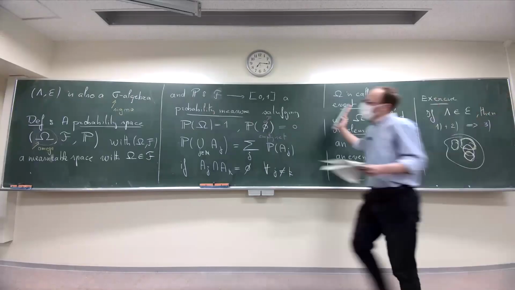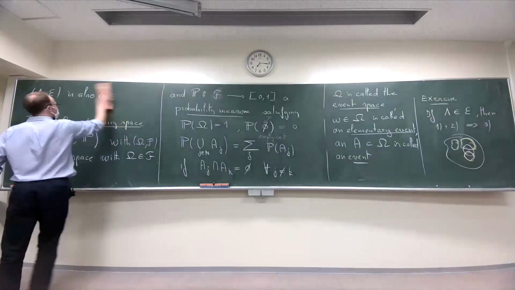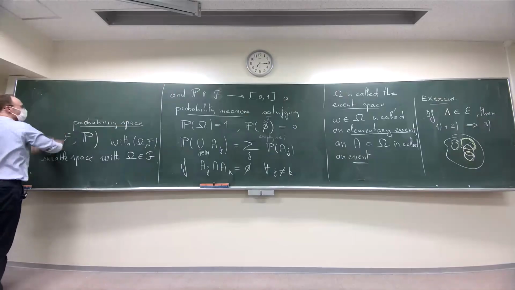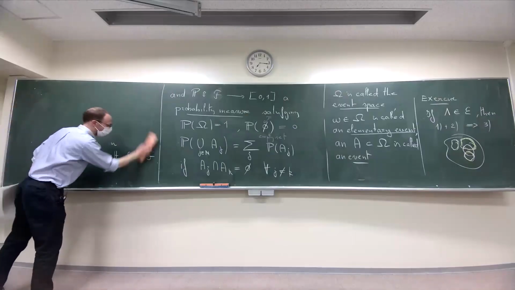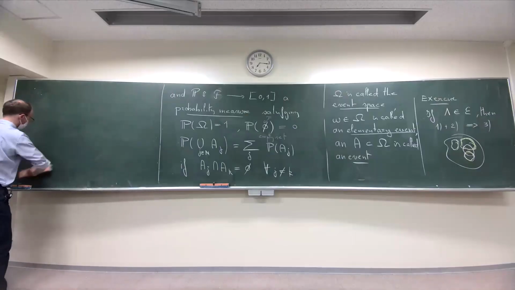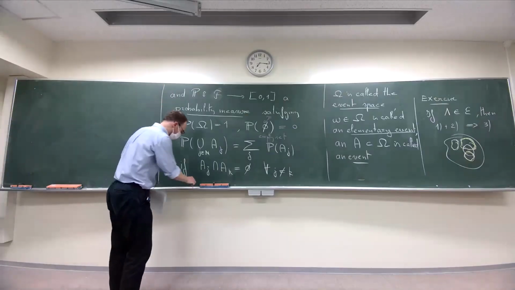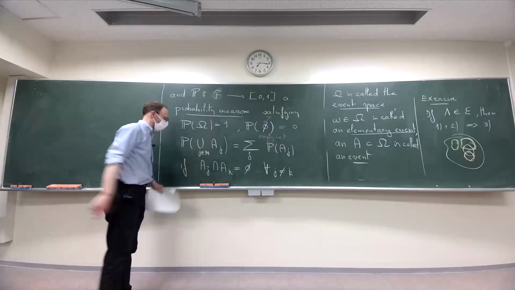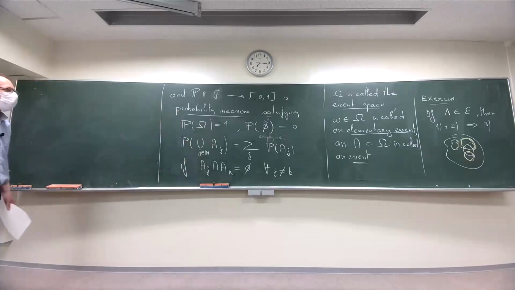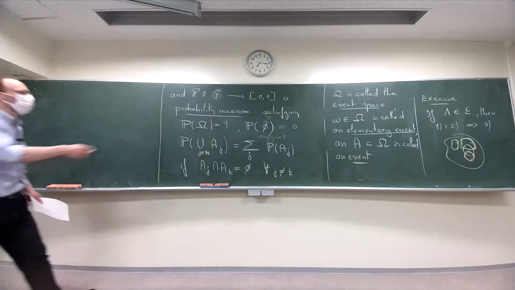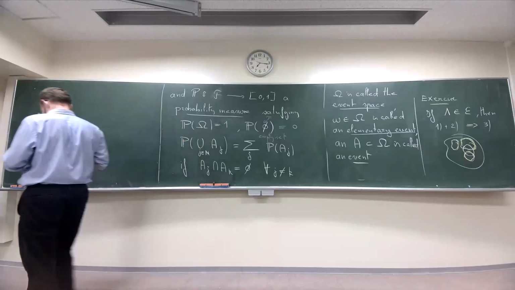And it's not exactly the same. I haven't introduced measurable space last time, and the difference is going to appear right now. So as I said, omega is usually not accessible, but we are going to define functions on omega.